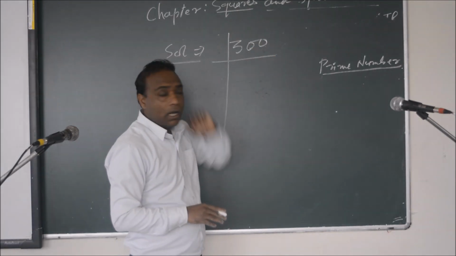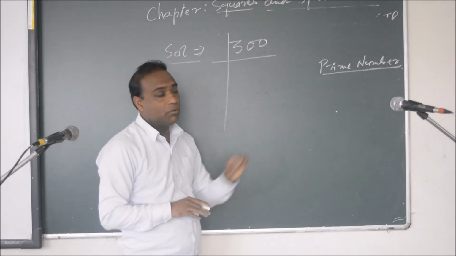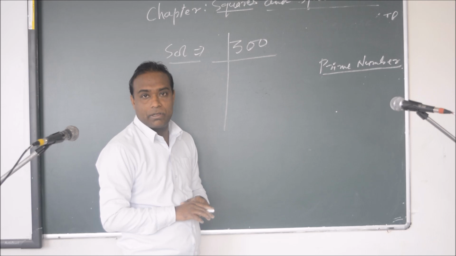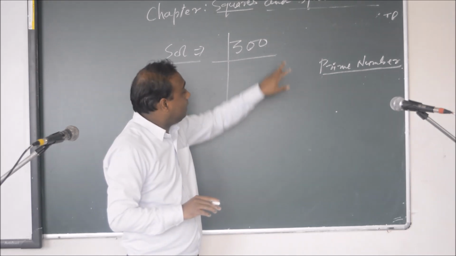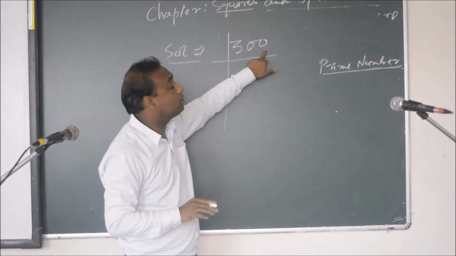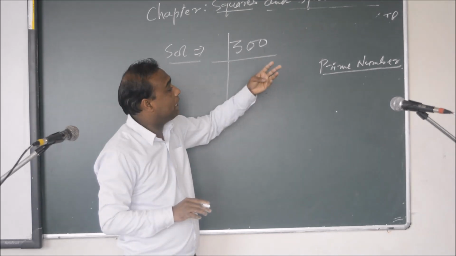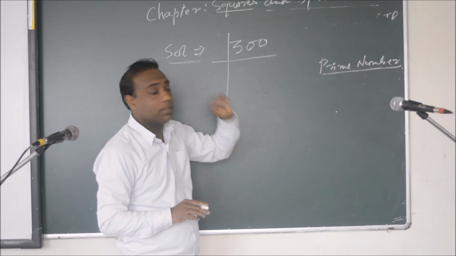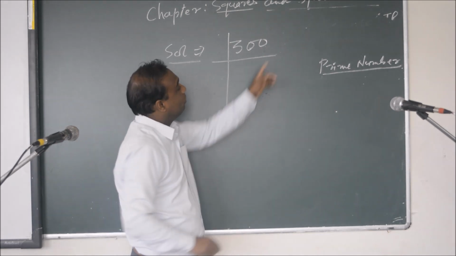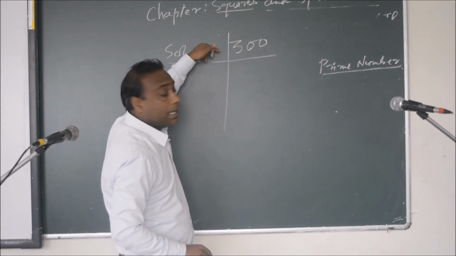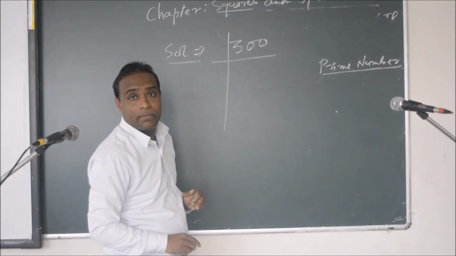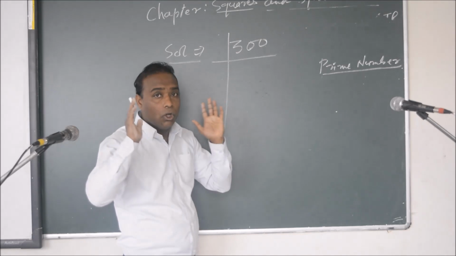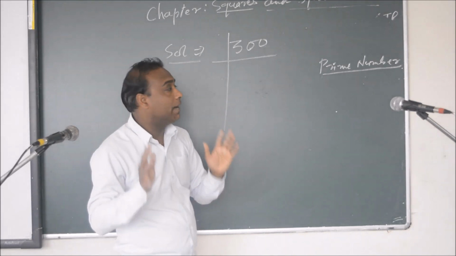If it is 1, you have to check by 3, 7, 11, etc. If the last digit is even, like 2, 4, 6, 8, you can divide by 2 only. These are the tricks you have to use when you divide the number.